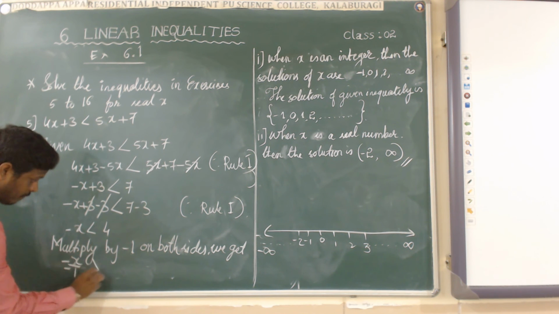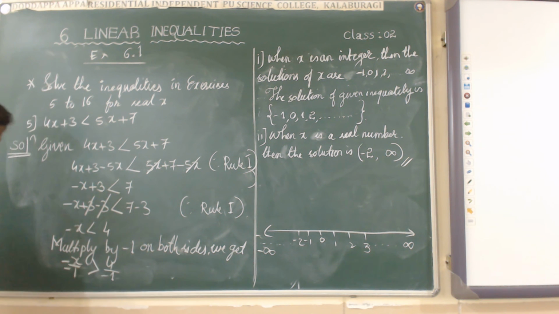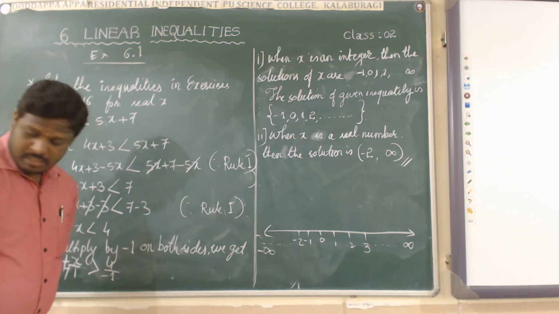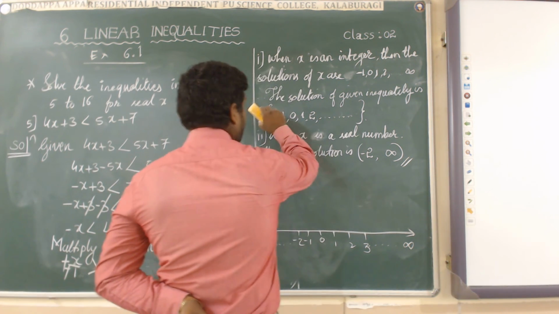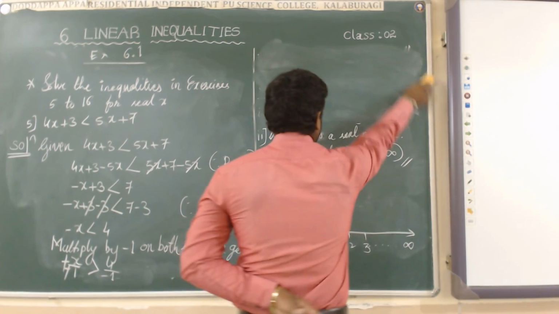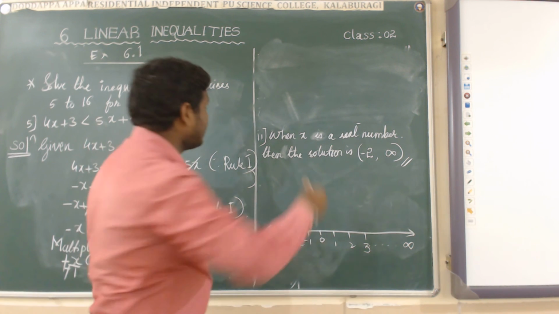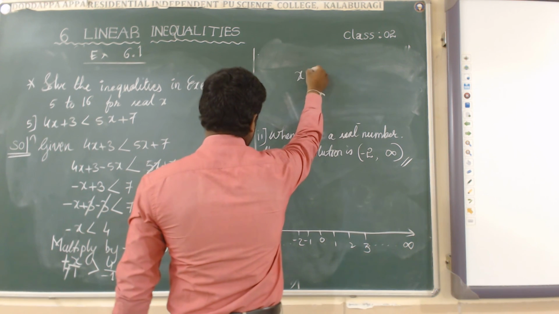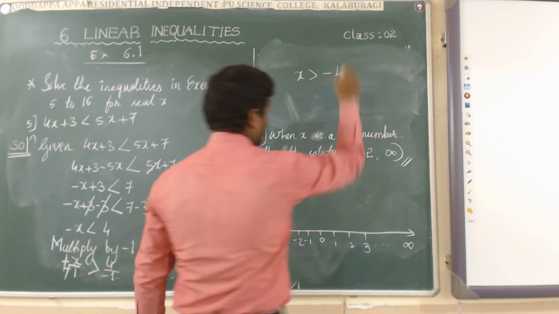The sign will be reversed. 4 divided by minus 1. This minus will be going. So after simplification, we will get here that x is more than minus 4.